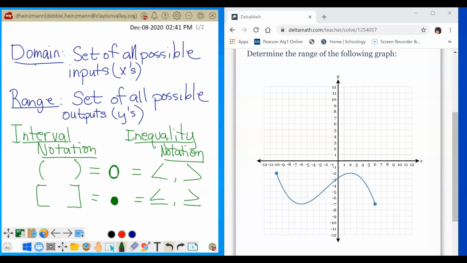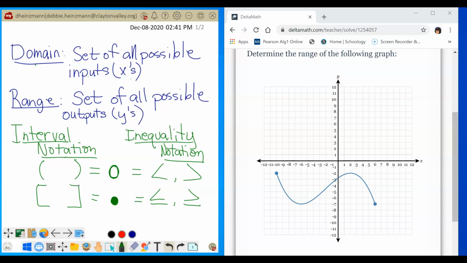So now let's translate this to a Delta Math problem. So here we've got a Delta Math situation. We have a function and they want us to determine the range of it.